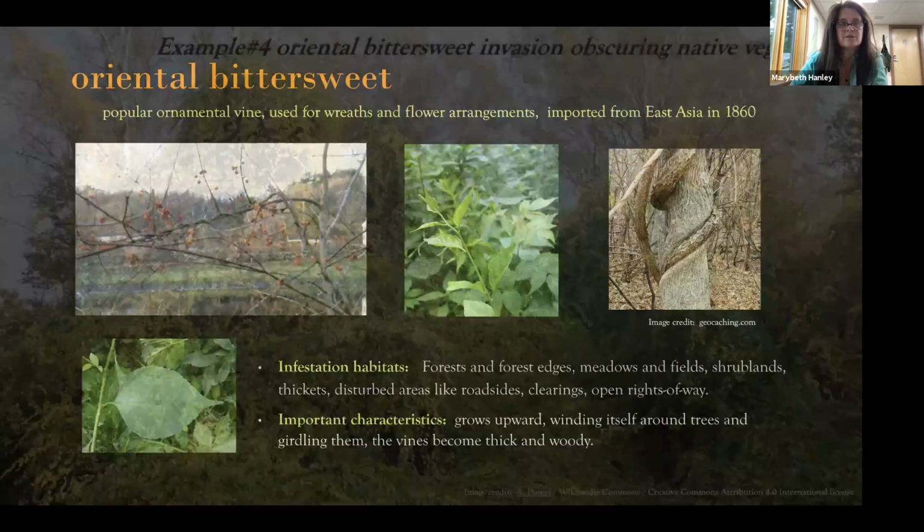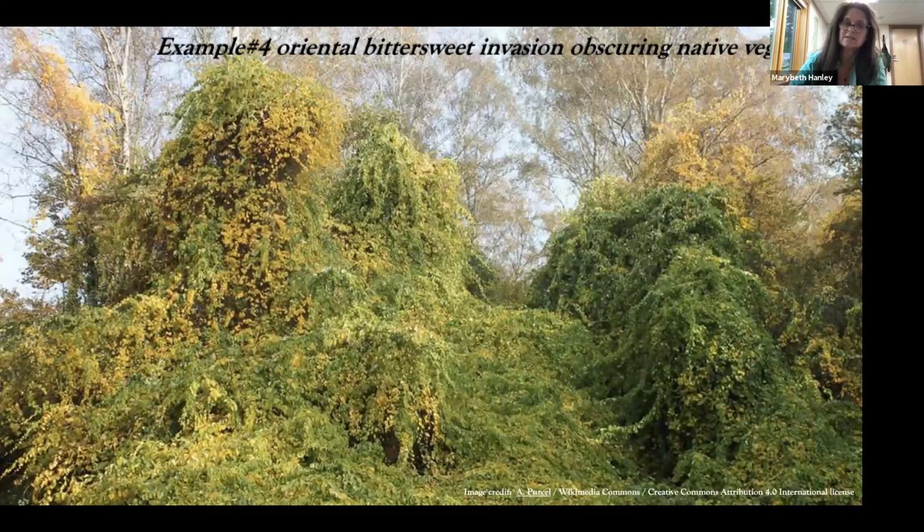This isn't actually in the Finger Lakes, but it's a really good shot that I've seen before in other places in southern New England, of Oriental bittersweet just completely obscuring whatever it's growing on. You can't really tell. You can sort of see some native trees that look like they could be beech behind, but you can't tell what it's growing on.